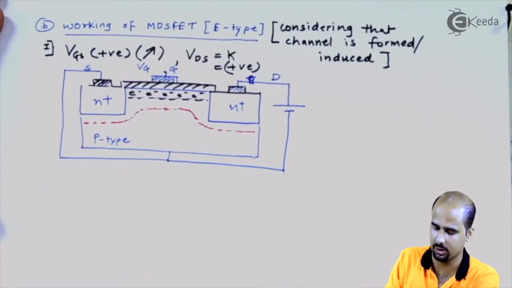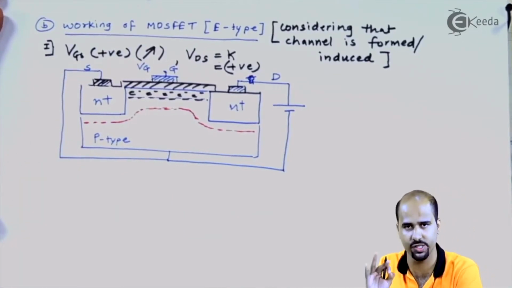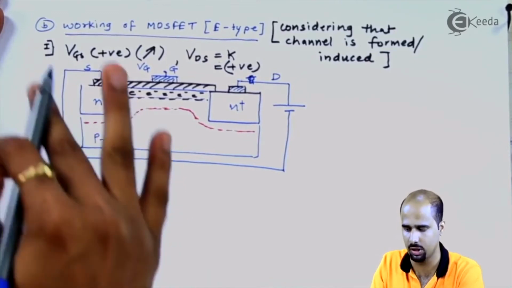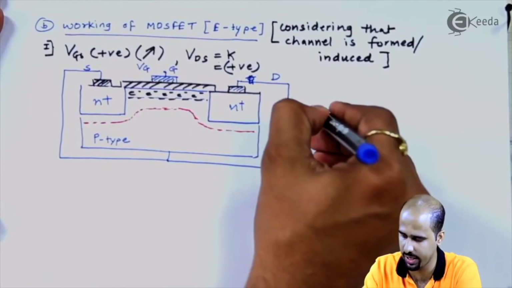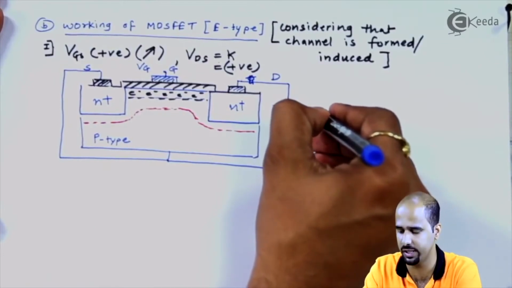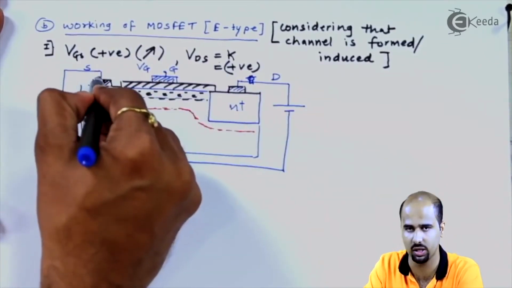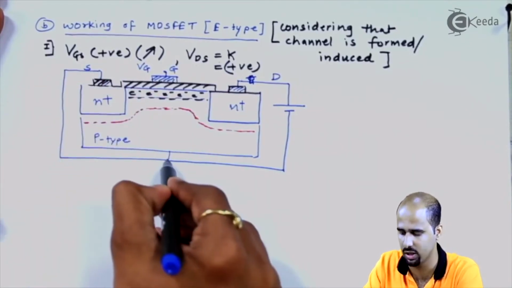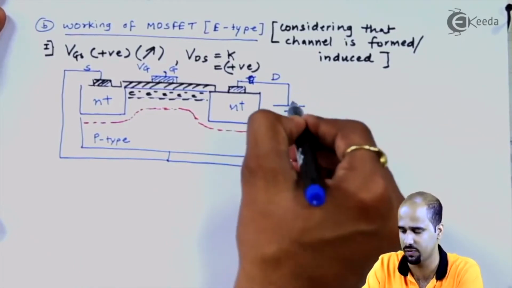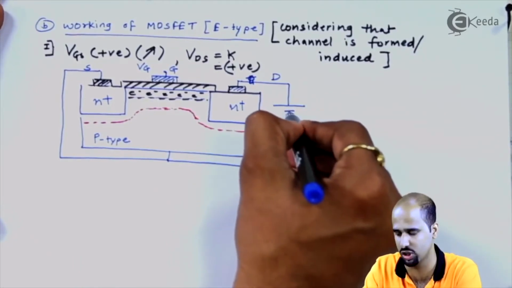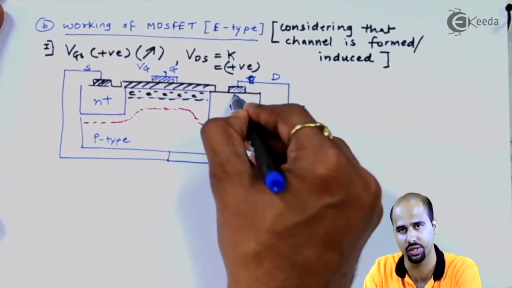Let us start the operation when VGS is positive and variable, VDS is positive and constant. Let's name this VD as VDS, because S is nothing but the source, which is shorted with the substrate. The substrate is also connected with the negative of the external battery, which is connected to the drain terminal.